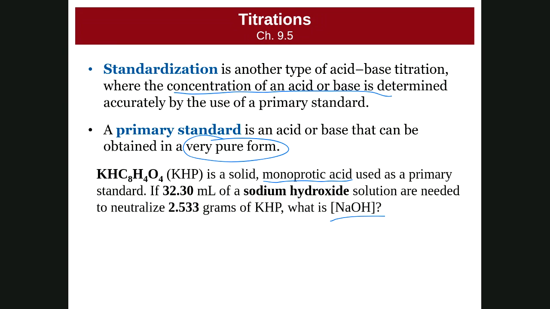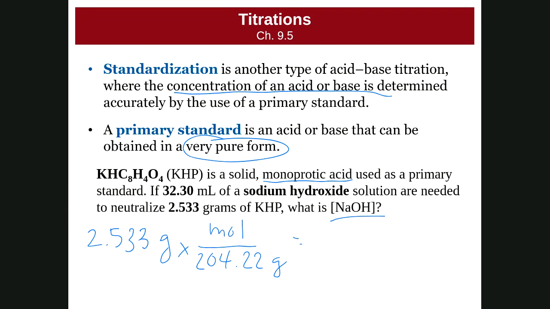So we have 32.3 milliliters of sodium hydroxide neutralizing 2.533 grams of KHP. So 2.533 grams of KHP, I'm going to divide by the molar mass, which I looked up to be 204.22 grams per mole.